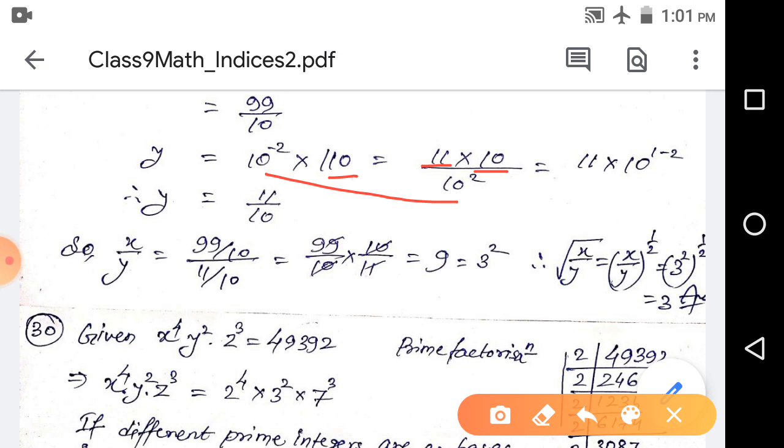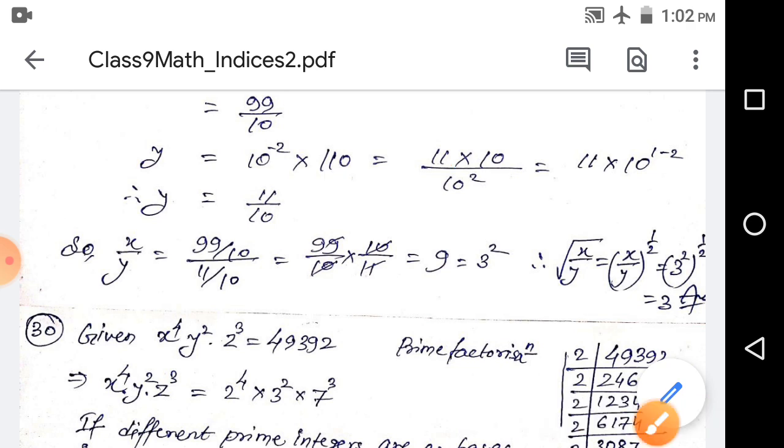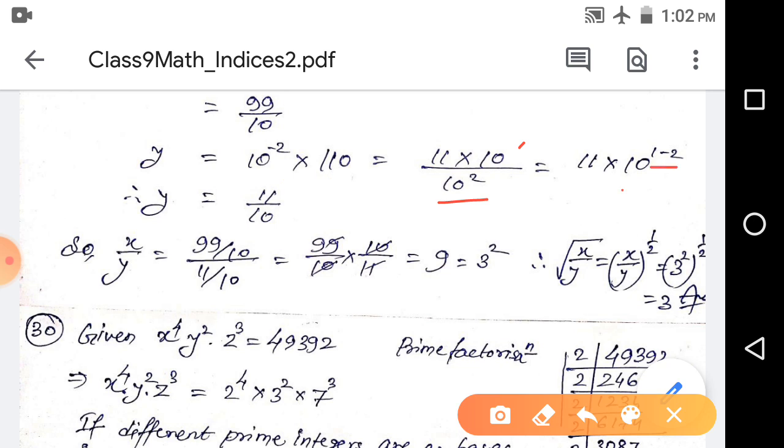Now here we have 10 to the power 1 and here we have 10 to the power 2, so the exponents are subtracted. 10 to the power 1 minus 2 is 10 to the power minus 1, and again we can write this 10 to the power minus 1 as 11 by 10. So what we have as y is 11 by 10.